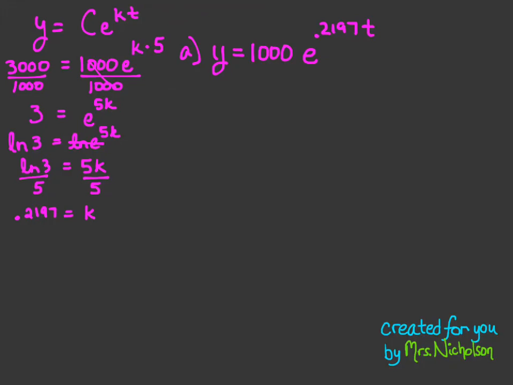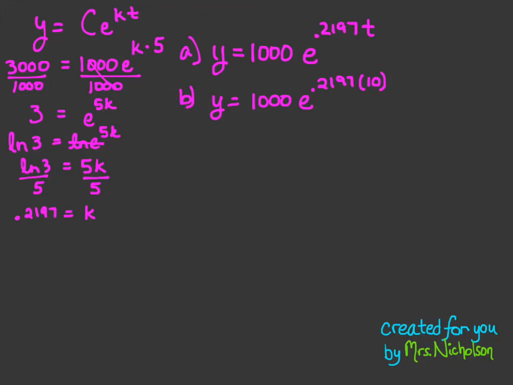Now question B says, by what factor will the population have increased in the first 10 days? So they're giving us a new time, a time of 10 days, and so I'm just going to substitute that into the formula that I just created. 1000 e to the 0.2197 times 10.